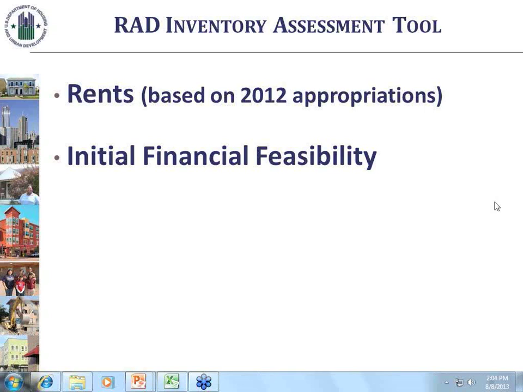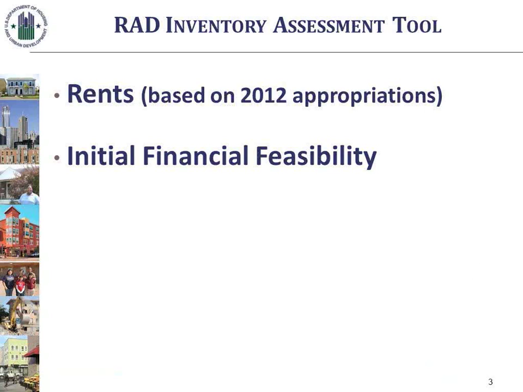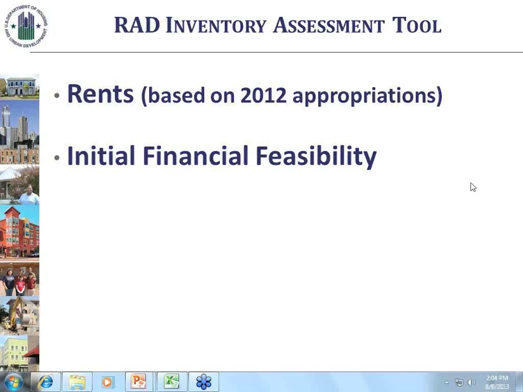Okay, the inventory assessment tool does two main things, and we'll walk through each of them. The most important thing it does is it tells every housing authority and anyone else who wants to know what the RAD Section 8 rents would be on any given public housing property in the nation. So this is a vital starting point in thinking through RAD.